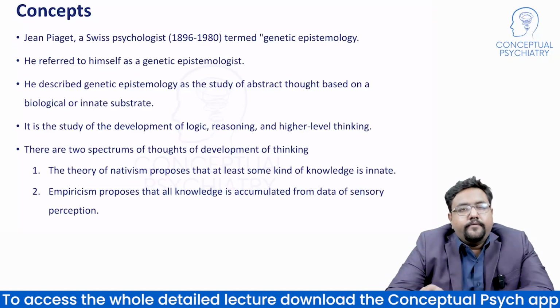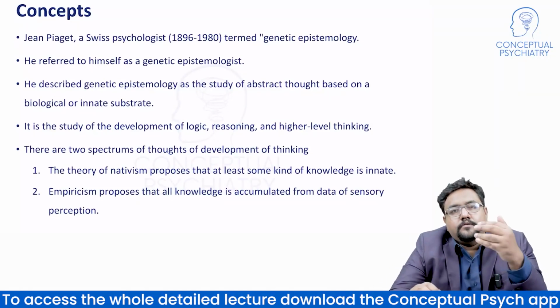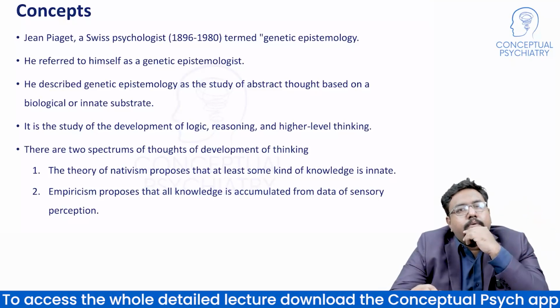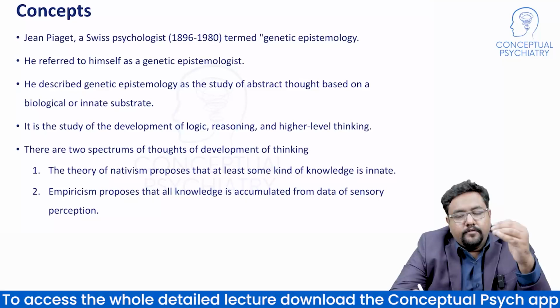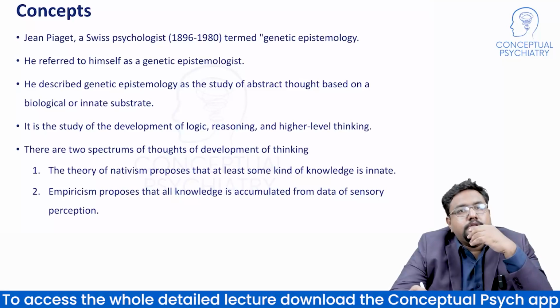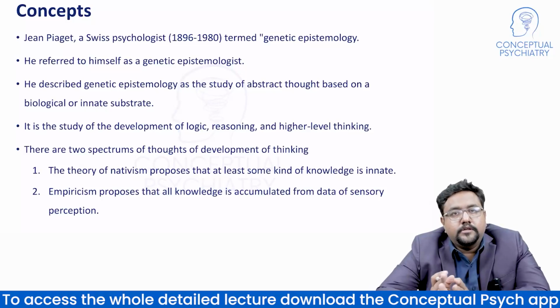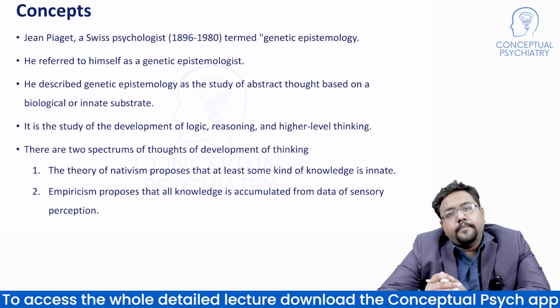Now, coming to human development, mainly we know about three main theories, or rather, there are other theories also, but the hierarchy of studying them is: first, you need to study Freud's psychosexual theories, then you need to study Piaget's cognitive developmental theory, then you need to study Erik Erikson's lifespan theory, or social development theory, psychosocial development theory.